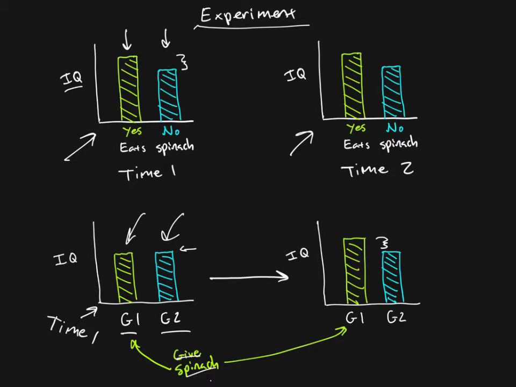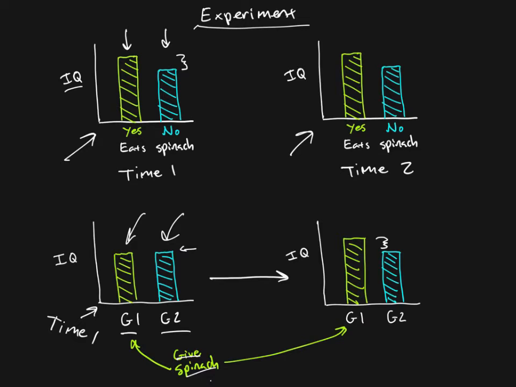But now we can make a conclusion about that difference. The difference was not there before. The groups were the same to begin with. We manipulated one variable only. We gave them spinach. We increased the amount of spinach they ate, and after that, only that one variable increased. We then saw an increase in intelligence. So the idea is just changing one thing, while everything else stays the same.